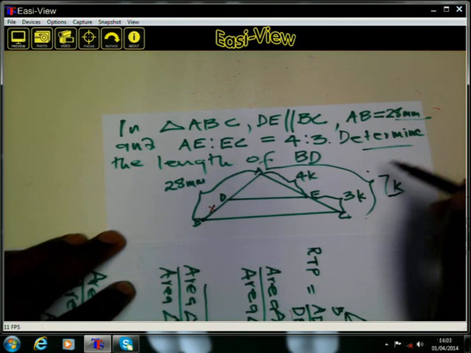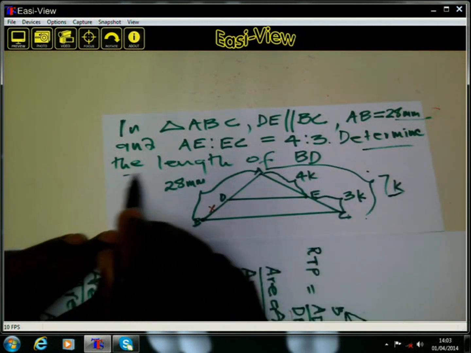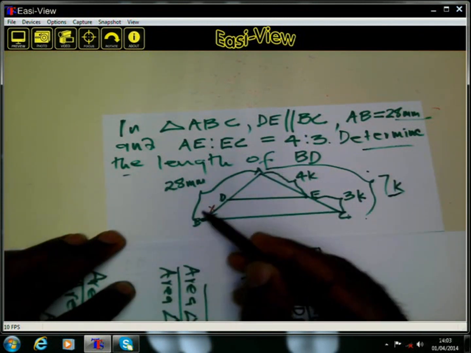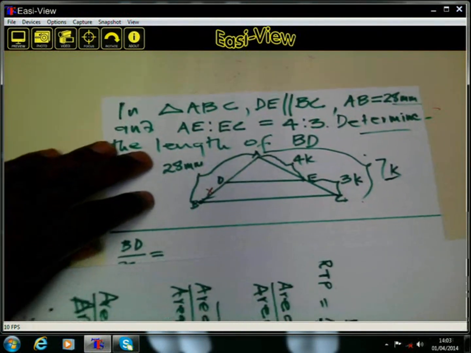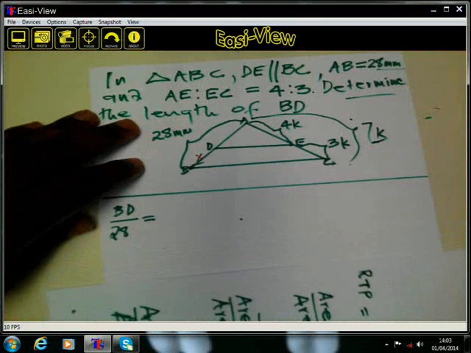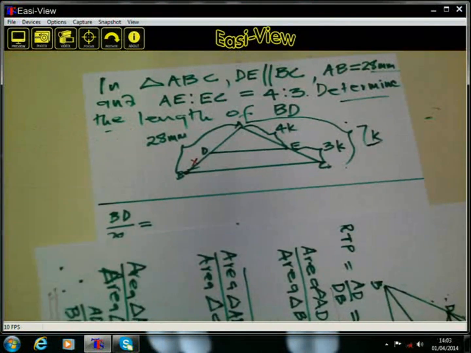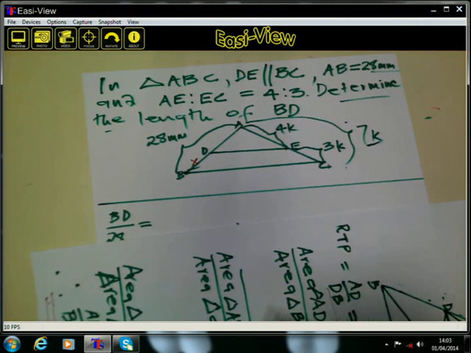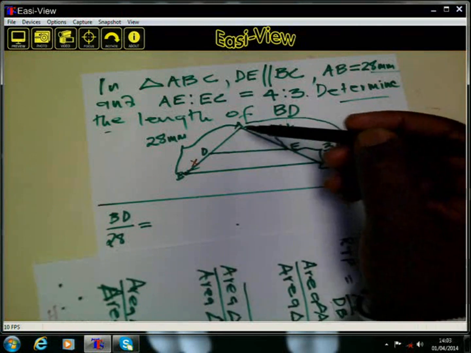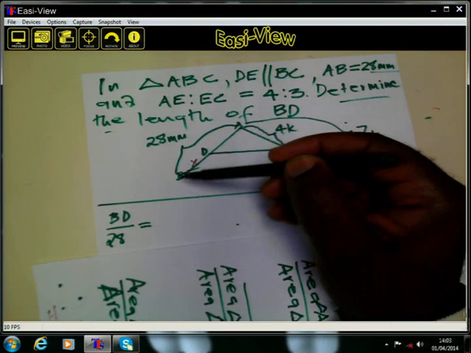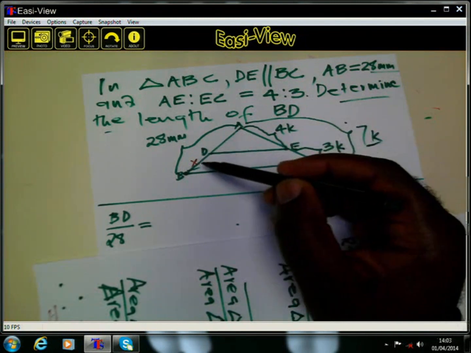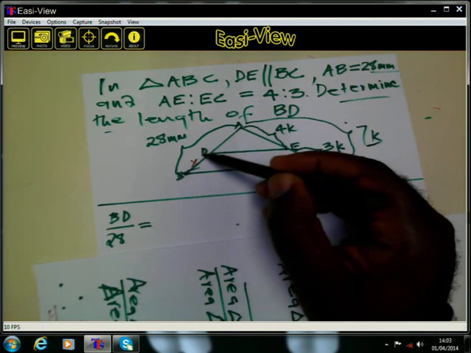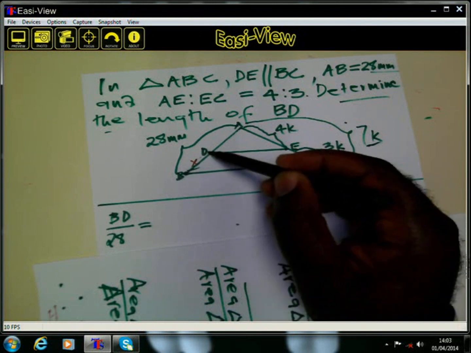Now, the question that I asked was to determine the length of this BD. Fine. And this is what I've done. I've looked at side AB. What is it that I'm looking for? I'm looking for side BD. So I've said side BD over what?